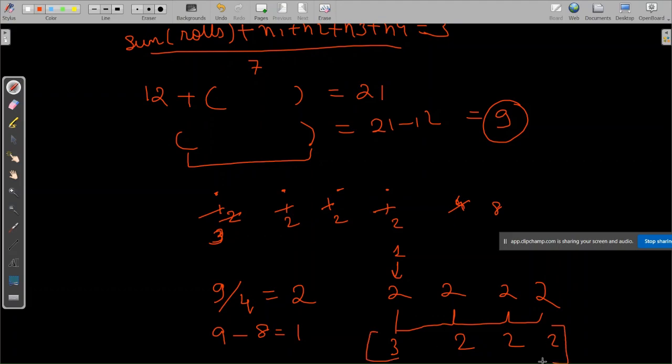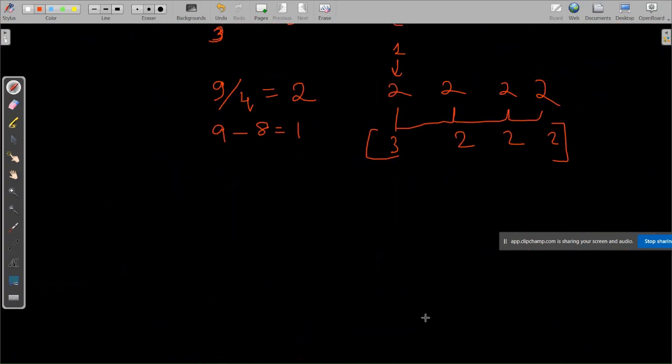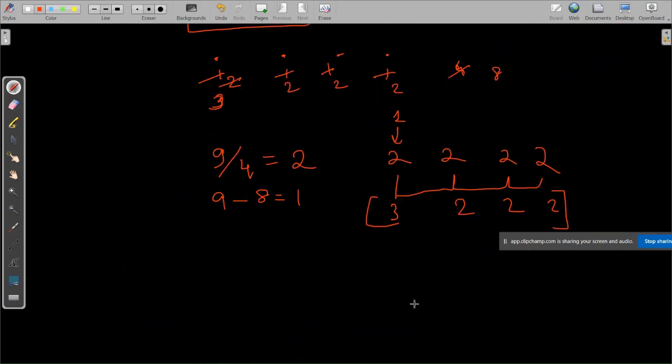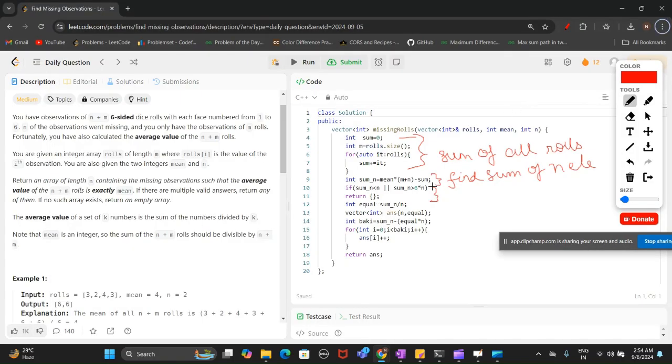Now let's look at the code, how I have written my code. From here to here, I have made my sum as 0 and m is the size of the rolls array, and the sum of all the rolls is taken.